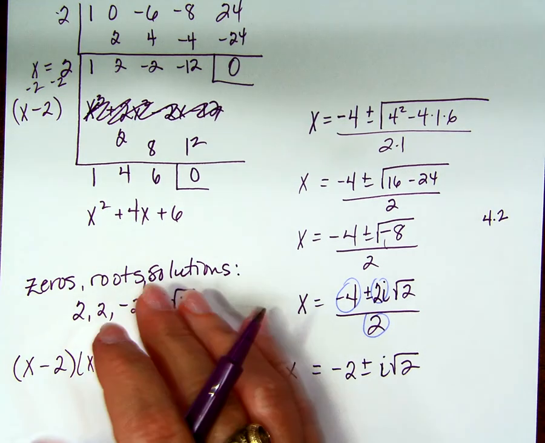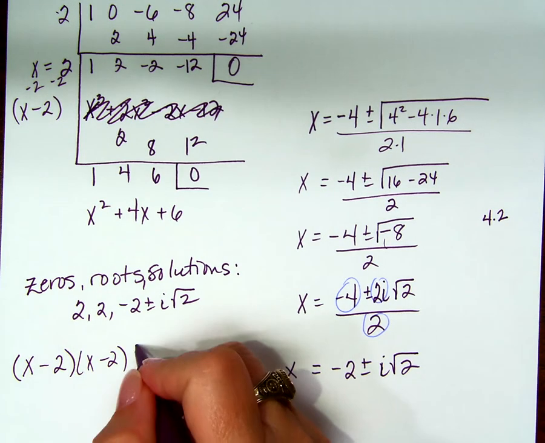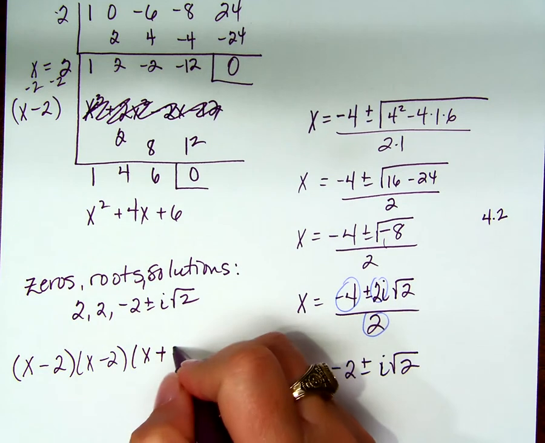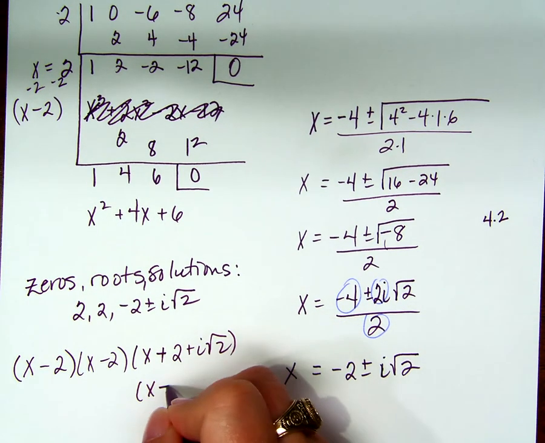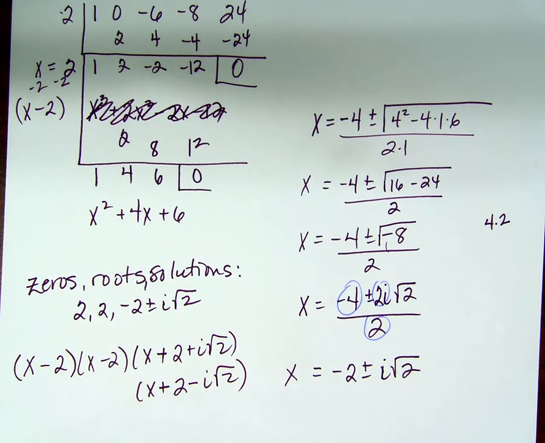And then these, what do you think the factors look like for those two? x plus 2 plus i root 2 and x plus 2 minus i root 2. Okay, because it's minus that. Does that make sense?